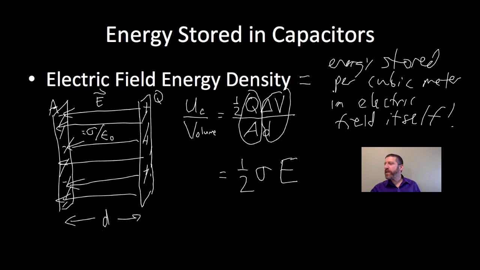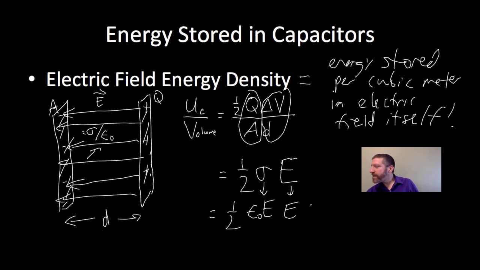The electric field in between these two is sigma over epsilon naught. So I can express this sigma as just epsilon naught times the E field. That's what that sigma is, again times the E field. And this just comes from the E field equals sigma over epsilon naught.